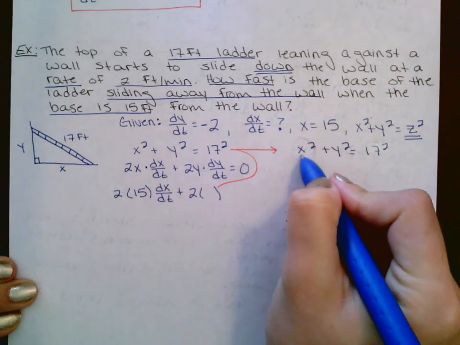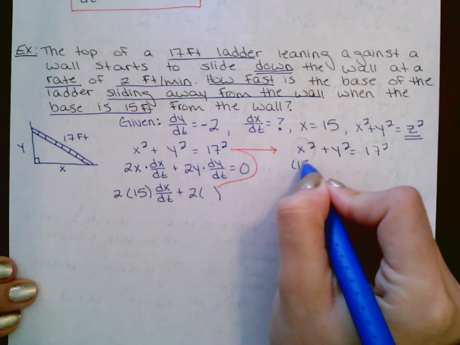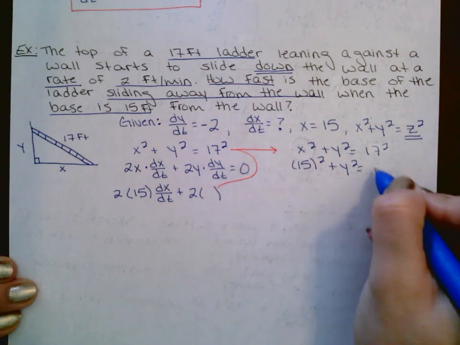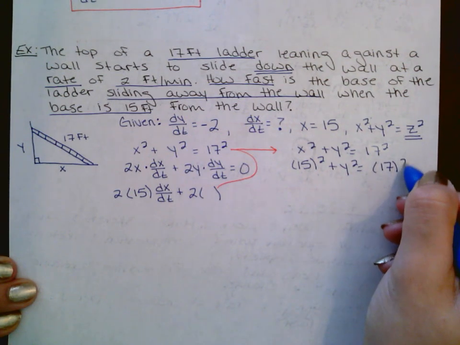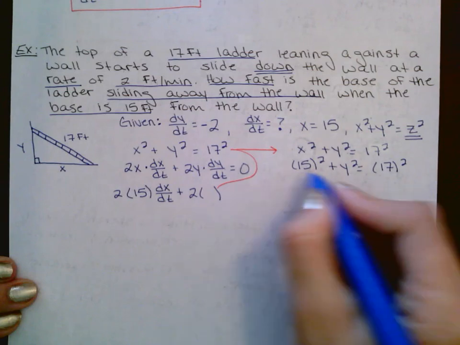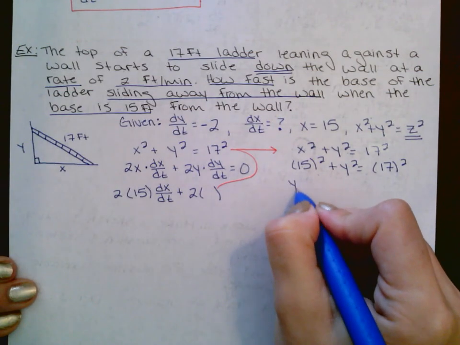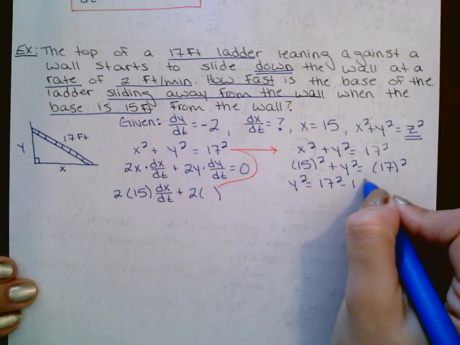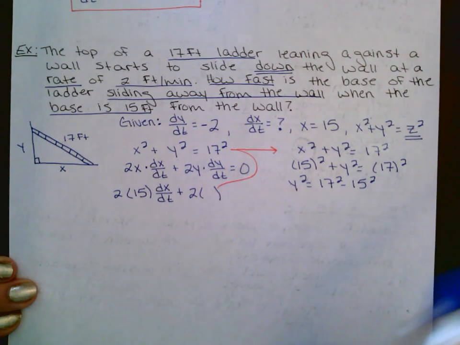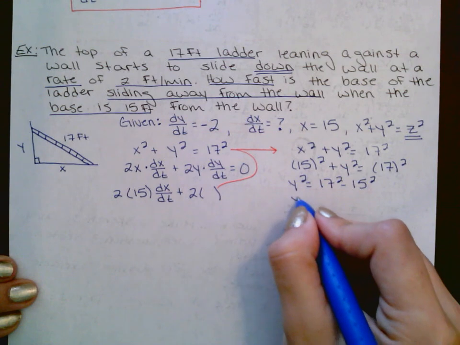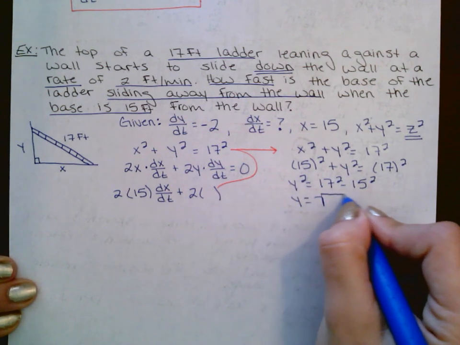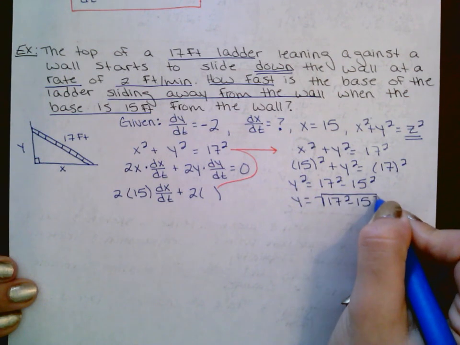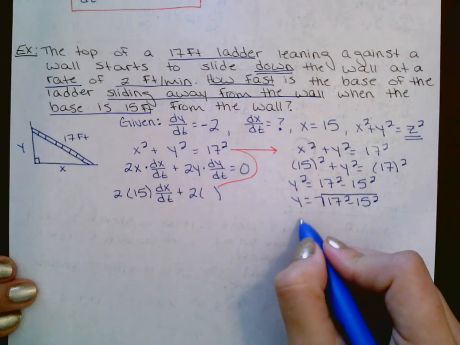So again, they gave me x, which is 15, so I could say 15 squared plus y squared equals 17 squared. Okay? Move this 15 squared over. Since there's no negatives, I don't really have to worry about my parentheses. And if you plug that into your calculator, you should get 8.